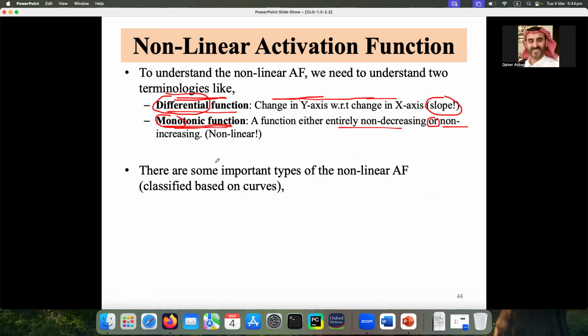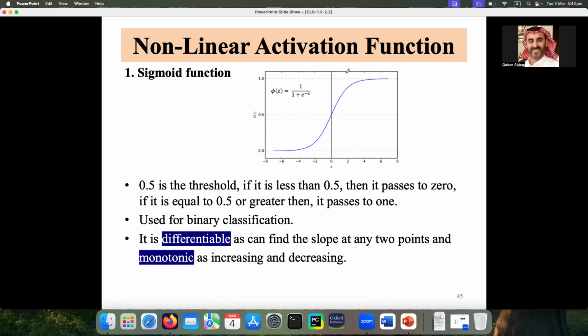So let's see some important types of non-linear activation functions. The sigmoid we already know, and we are calling it a differentiable function, because when the value of x is changing, y is also changing. If x is 0, y is also changing.